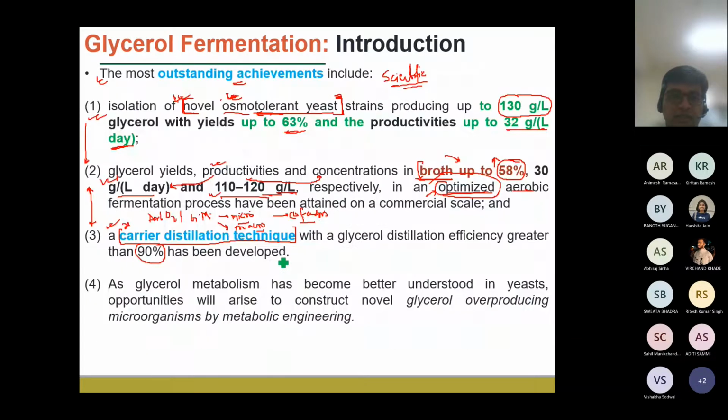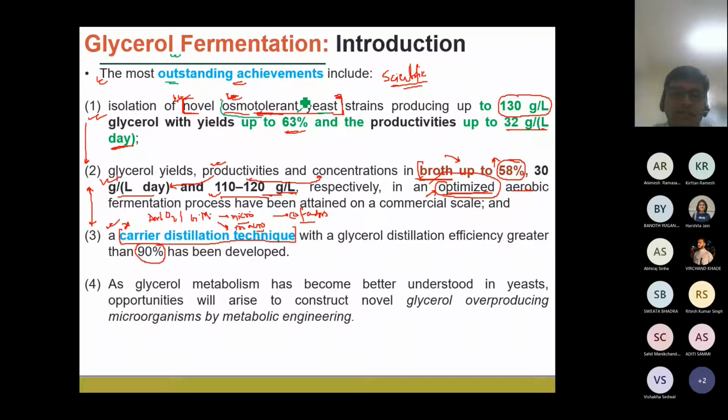Now, we have seen some of the recent works, or the technological advancements that have been carried out, especially in glycerol fermentation, like the development of osmotolerant yeast. Osmotolerant yeast means that the yeast has been genetically modified in such a way that it is able to withstand the high osmotic pressure that is generated during the production of glycerol.